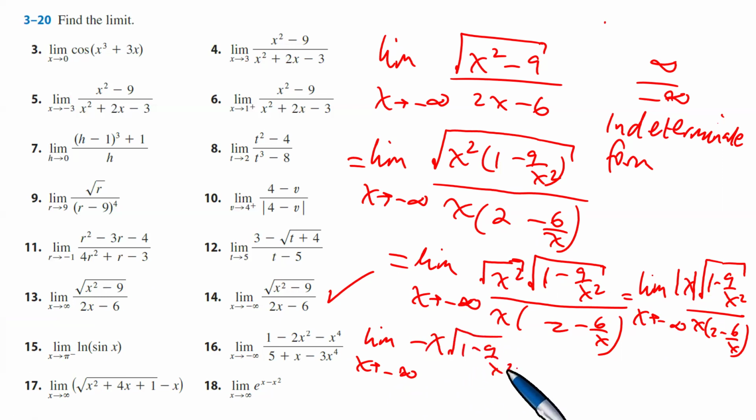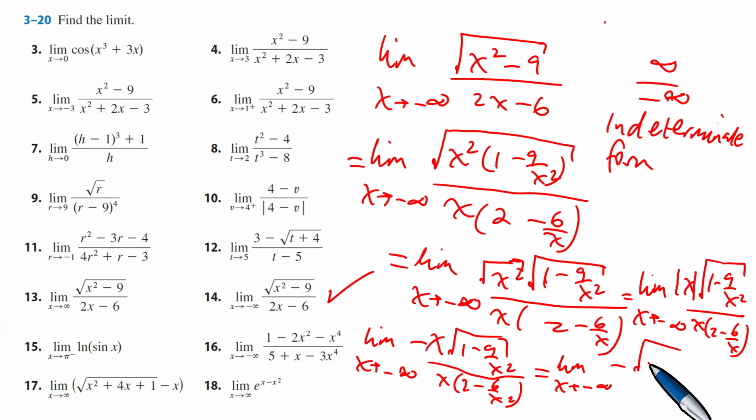The x cancels, leaving 1 minus 9 over x squared over 2 minus 6 over x in the denominator.